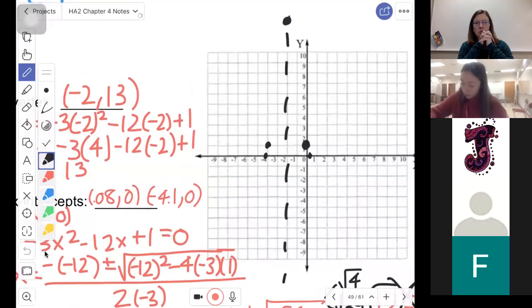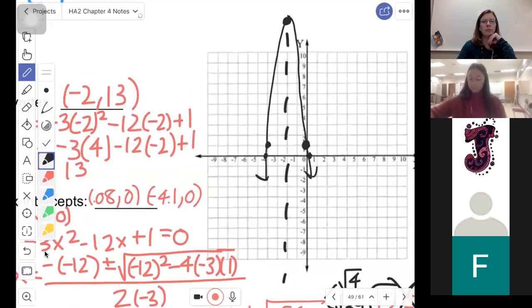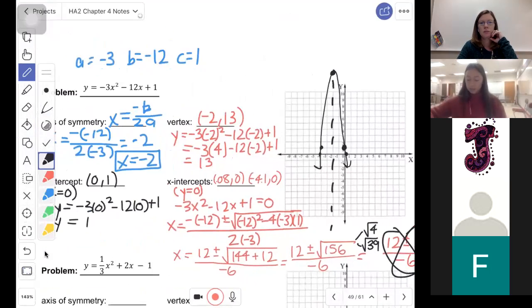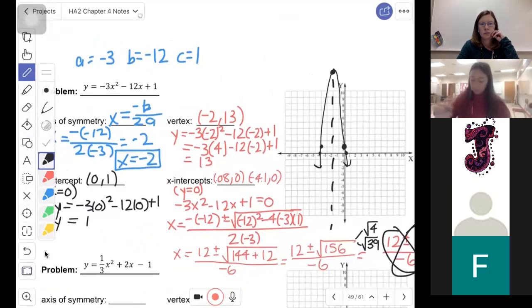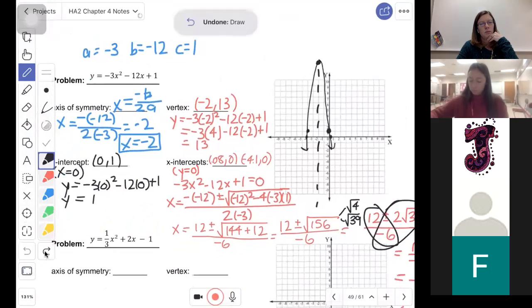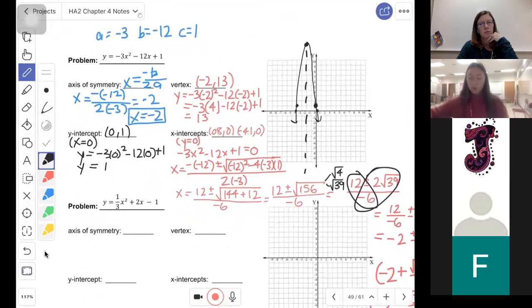And so now we can draw our parabola. And we can see it's opening down, which better be because our a is less than 0. Didn't ask for this, but we can see it also has a max. Questions on this problem?